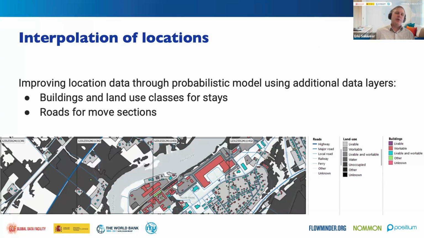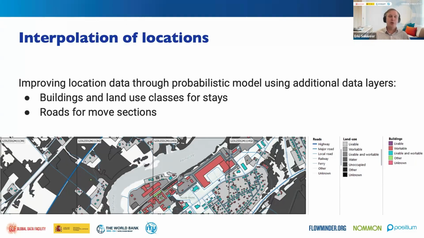Also, an important part of the core methodology is to improve the accuracy of the locations. I gave you an example already through the routing for the move sections, but you can also improve the probabilistic locations for the stays. For that part, usually additional data sources are taken into help.